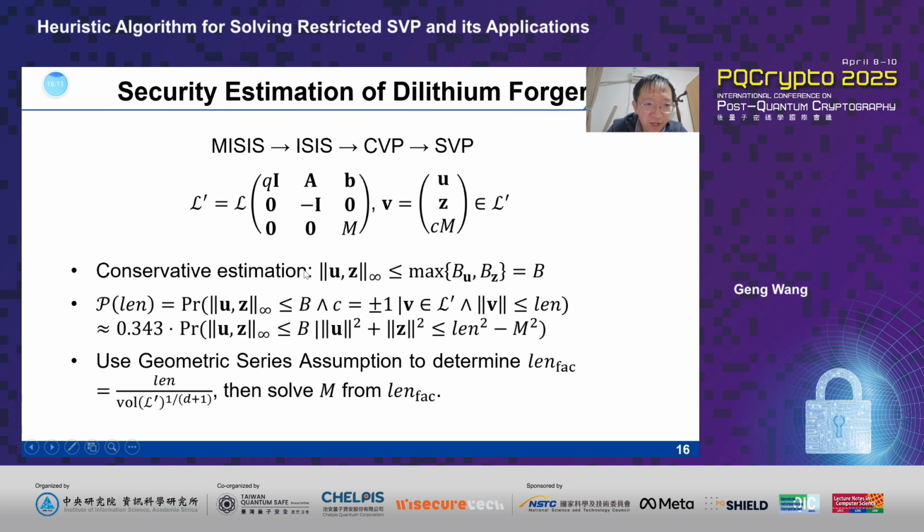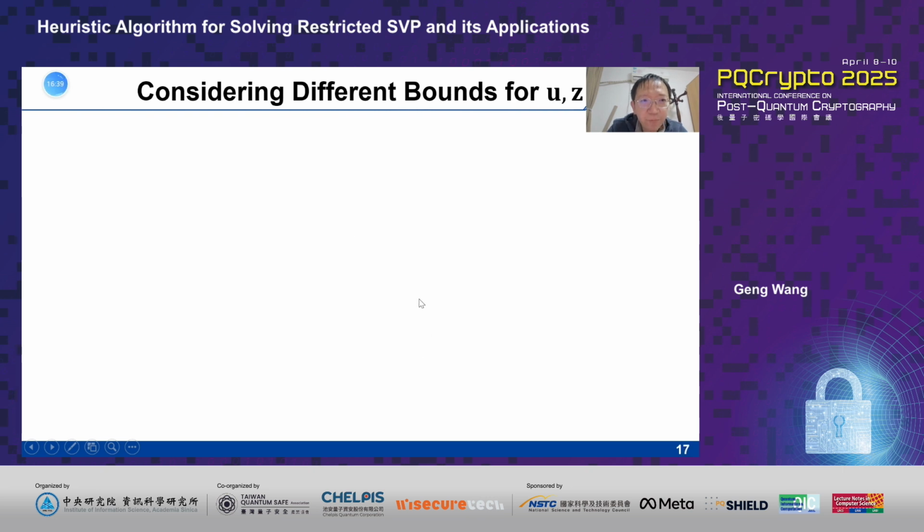First, we consider the conservative estimation, and we use a single bound for the two solution vectors U and Z, and the related probability function is like this. We can express it by the formula like this, and we only need to determine M, which can be generated using the geometric series assumption.